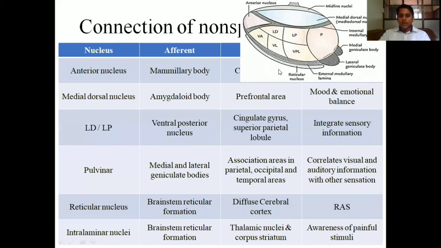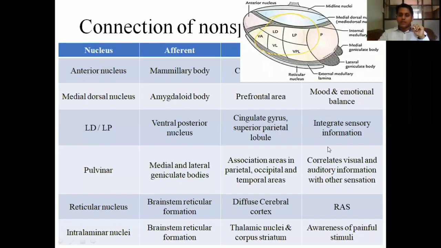Next comes the dorsal tier nuclei. What did I say about the dorsal tier nuclei? They are the association nuclei, sorry, not specific nuclei. They associate the sensory areas. There are different association areas. The sensory association area is the superior parietal lobule, and the sensory association areas of the visual and auditory systems surround area 17, the primary visual area.